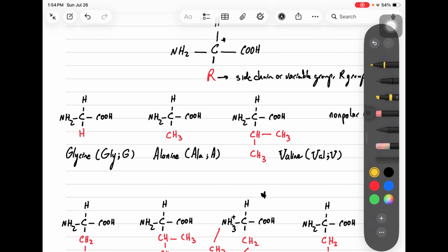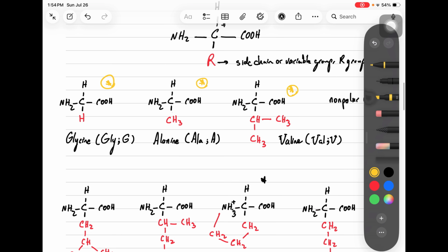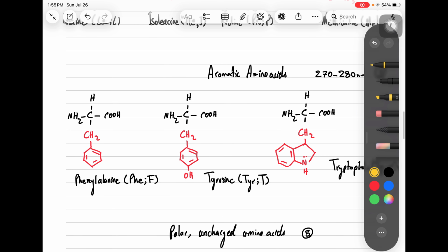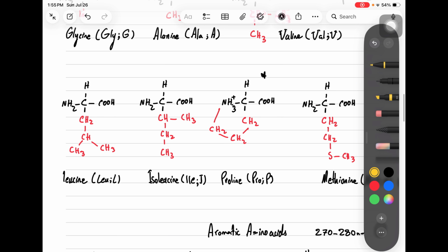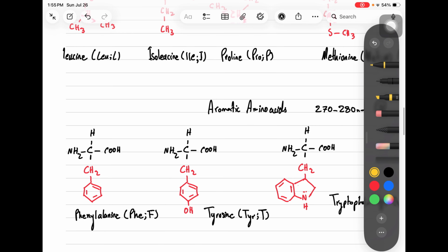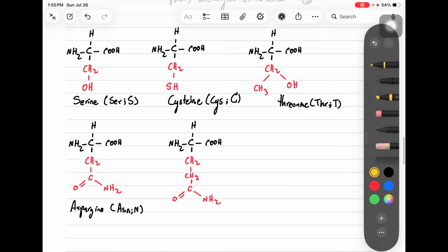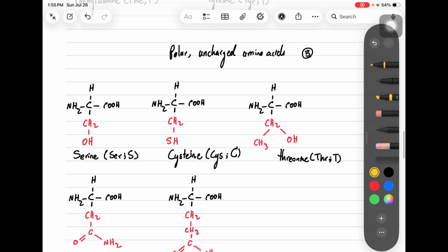So, the 10 amino acids that we need to know: glycine is important, alanine is important, valine is important, and in here we're gonna need to know about arginine.